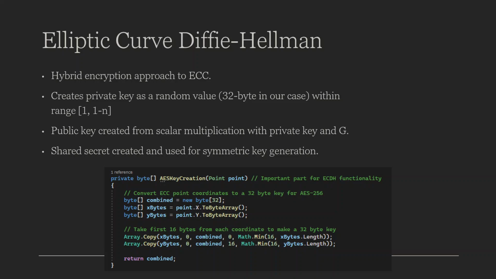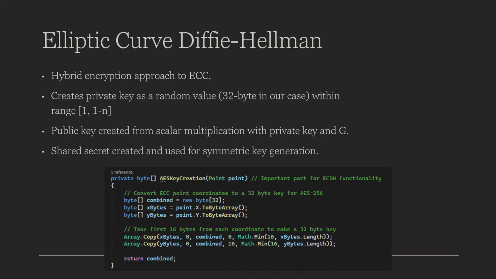I mentioned this on the last slide, but elliptic curve Diffie-Hellman is a hybrid encryption approach. So it uses the shared secret made from elliptic curve cryptography to create a symmetric key. As you can see in the bottom picture there, that's the function I'm using to create an AES key from the shared secret.